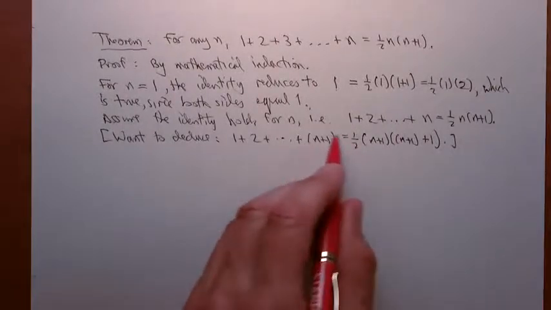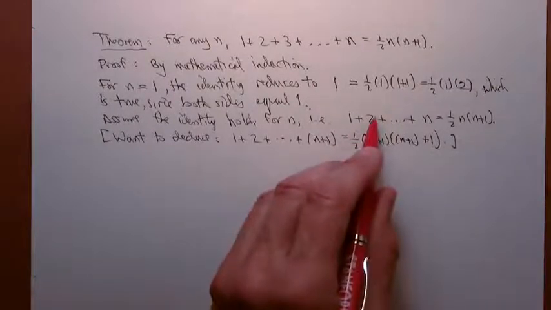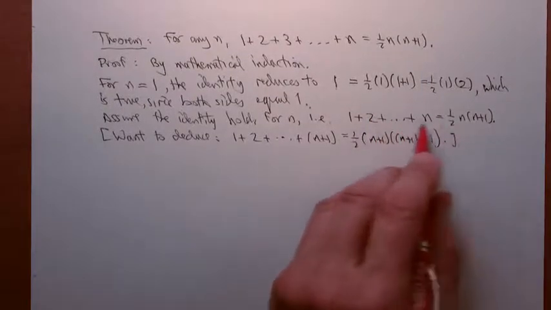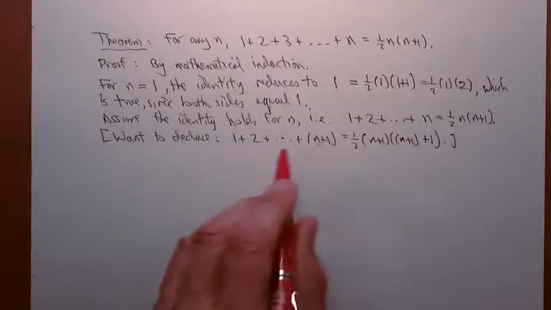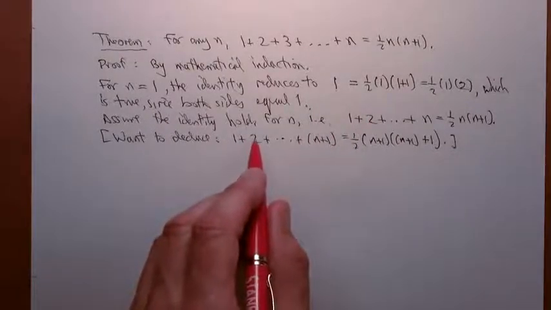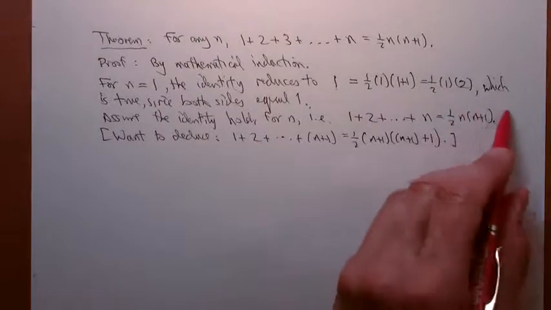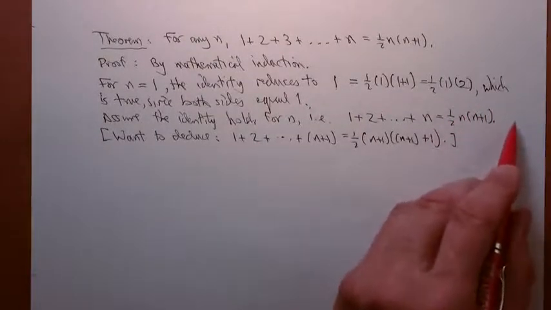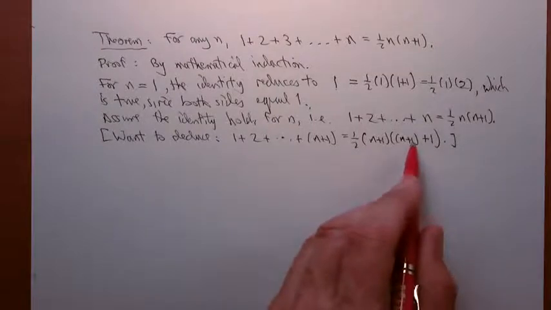Well, how can I get this from this? One way would be to add n plus 1 to both sides of that identity, which means that I'd get the left-hand side here, and then hope that when I work out the right-hand side, having added n plus 1, I end up with this expression.